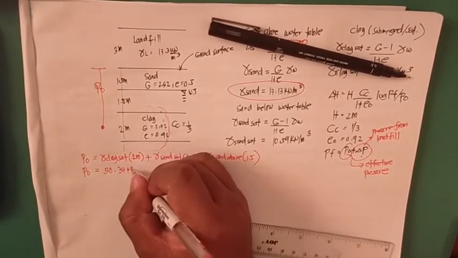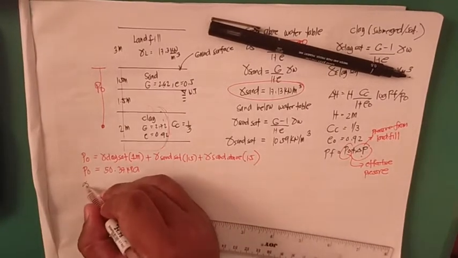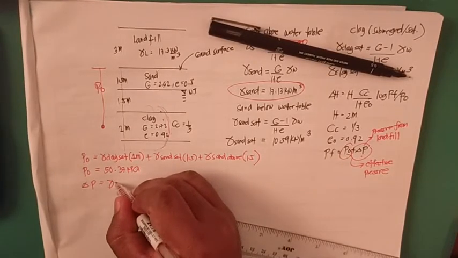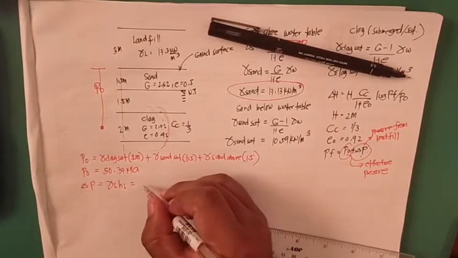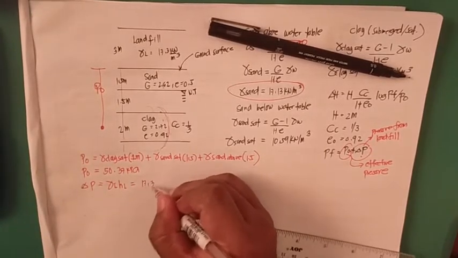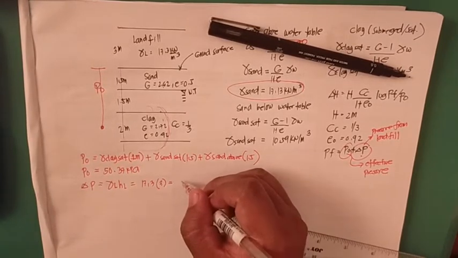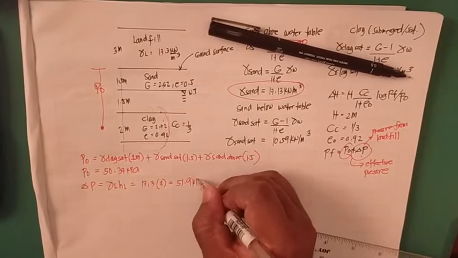50.37 kilopascal. Okay? While delta P is actually gamma of landfill times height of landfill, which is 17.3 times 3 meters, will give you 51.9 kPa.